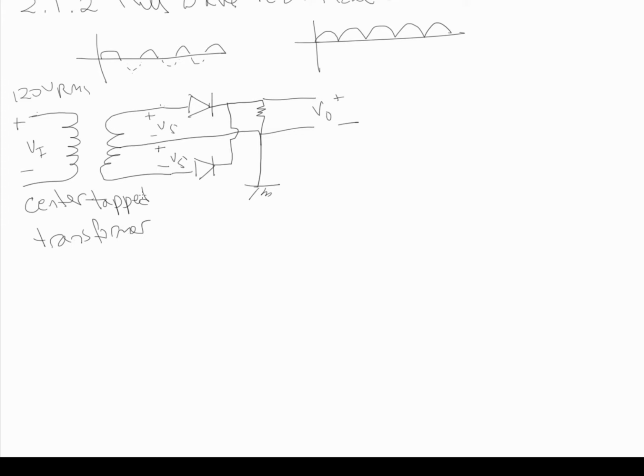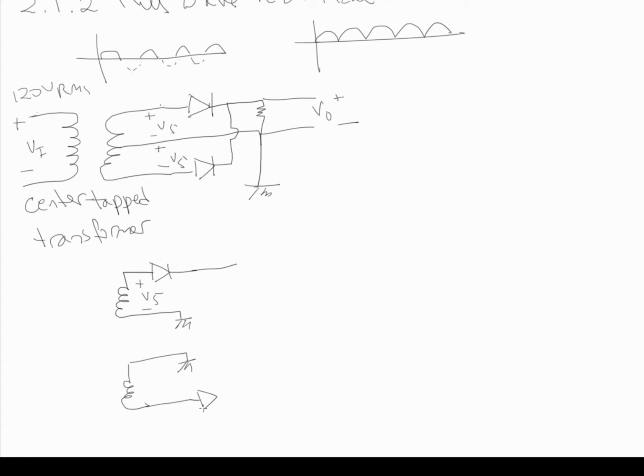I thought about this for a while, and to analyze how it works I broke it up into two sections. We have the upper loop, and it's going to ground. So this is plus minus Vs, and then we have our lower diode down here, and this is going to ground.